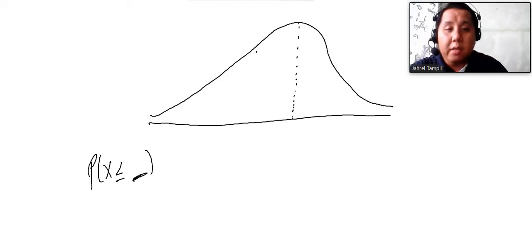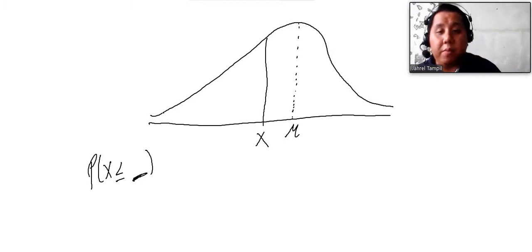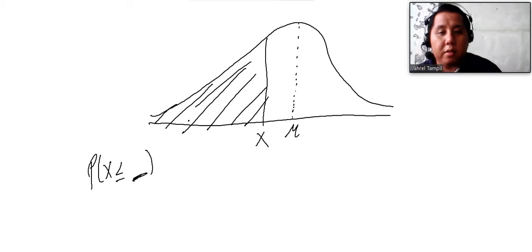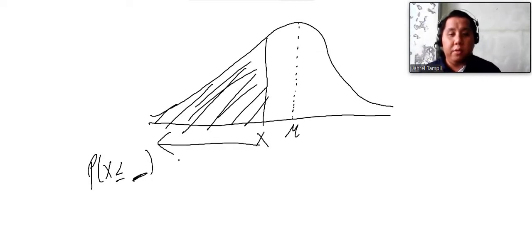And why is that? Because if this is our mean, and this is a certain value x, what Excel computes, and what we usually compute even in the manual computation, would be the probability to the left of that specific number. Meaning, what's the probability that we will get that number or less than that number? So say for example, we have x equals 89.